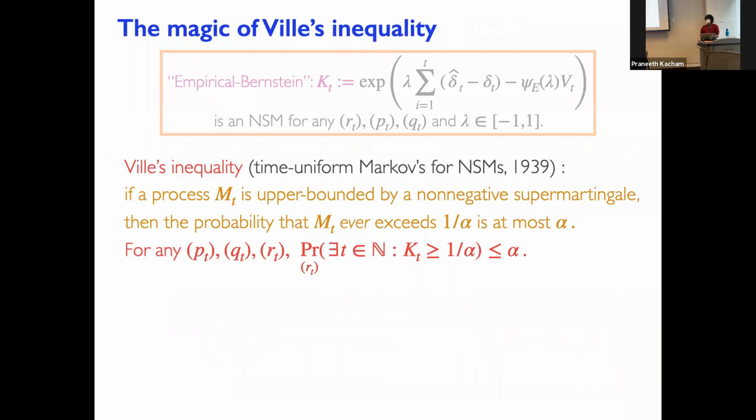So there's this thing called Ville's inequality, which I think is magical, and everybody should know what it is. I've put what you saw on the previous slide here. That log term I've just summarized by psi of lambda. The empirical term I've just called V_t. Now what Ville's inequality says is it's a time-uniform version of Markov's inequality. Everyone knows what Markov's inequality is.